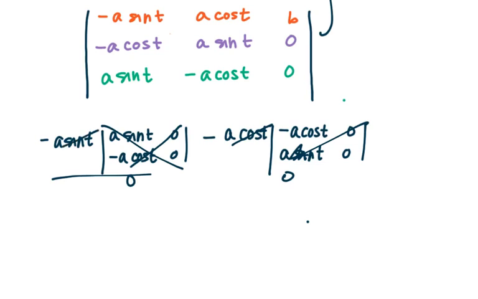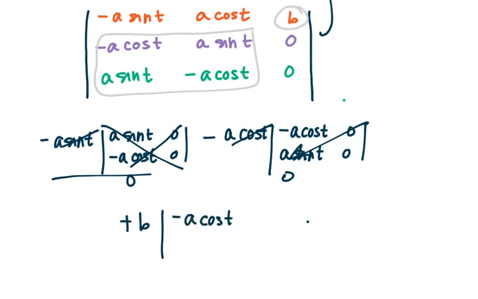So I'm really going to only end up with this third term, which is plus B times the determinant of this 2 by 2 matrix: negative A cosine t, A sine t, A sine t, negative A cosine t.